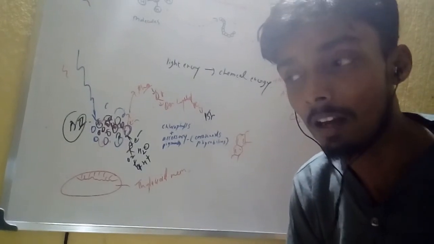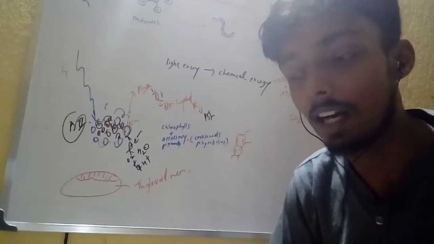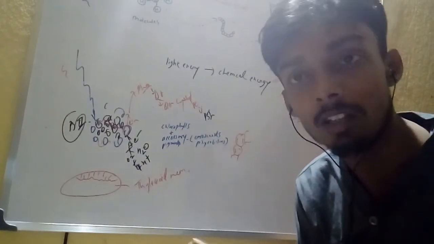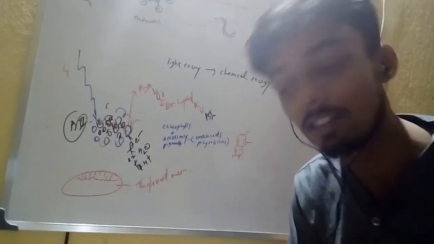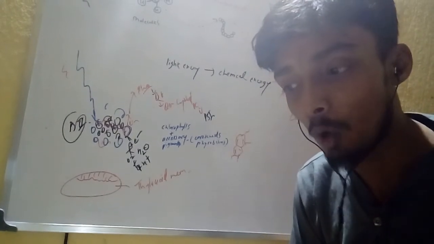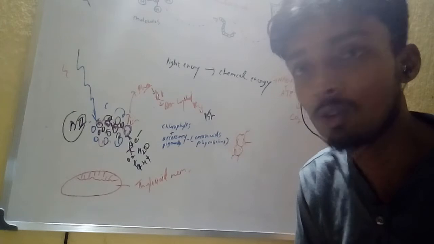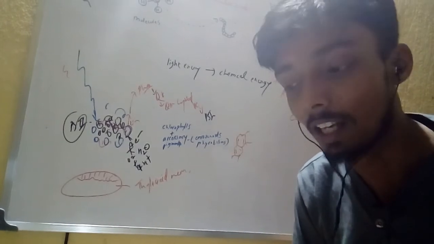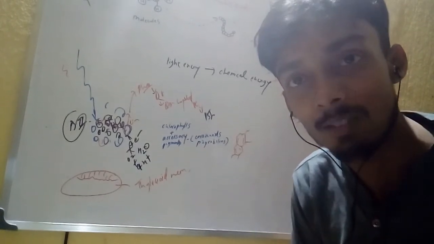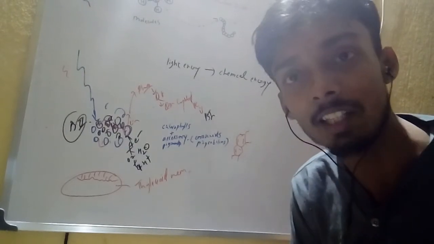Many of you have questioned that this is the conversion of light energy into chemical energy. Yes, this is the conversion of light energy into chemical energy, but the problem is, firstly you should know why plants do this thing. One of you has asked me why carbon and oxygen are not directly used by plants.